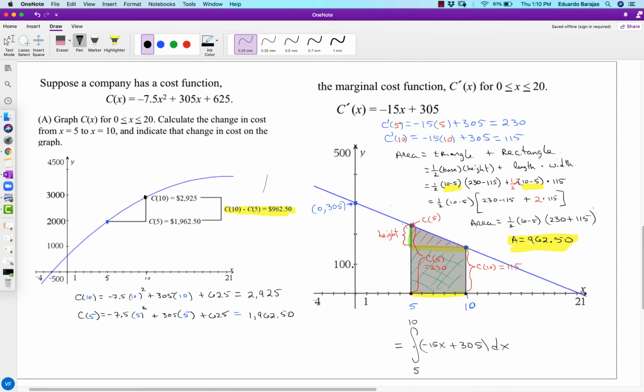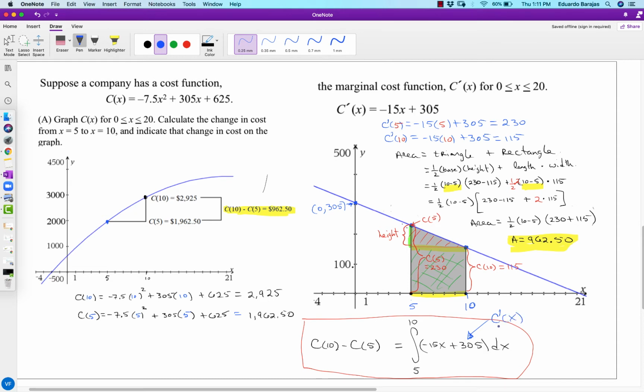And we just established that this is equal to that, which comes from that, which is the c of 10 minus the c of 5. Good. That's what we want to get out of this problem. And again, pointing out that the integrand in here, this function here, is c prime of x.